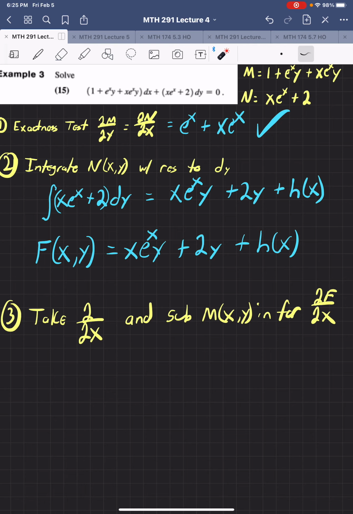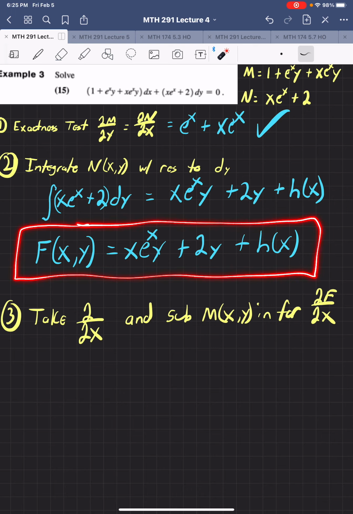What we're going to do is, because we integrated with respect to y, we're going to take the derivative, or I should say the partial derivative, of this with respect to x. Let's go ahead and do that right now.